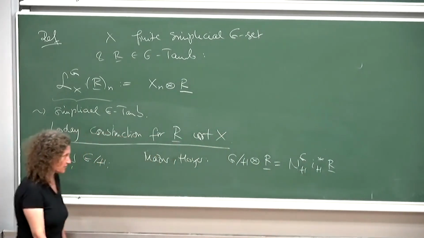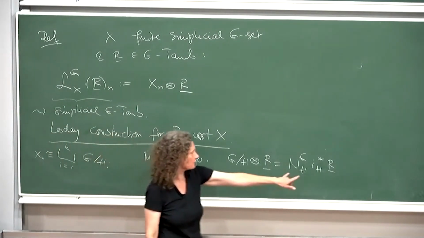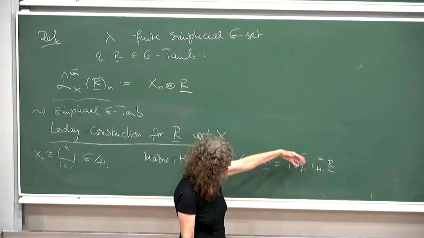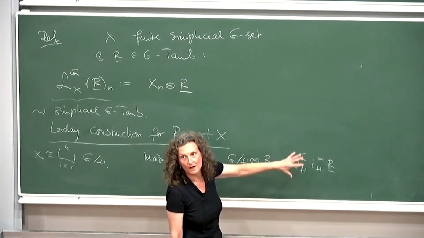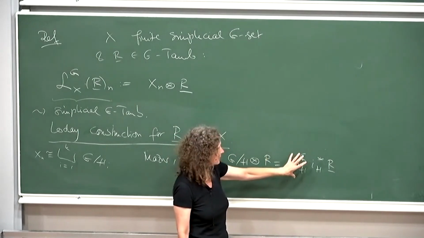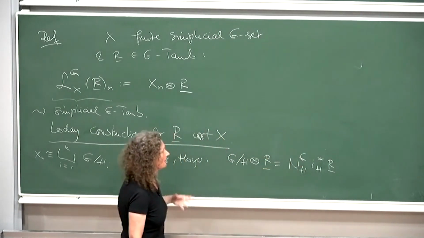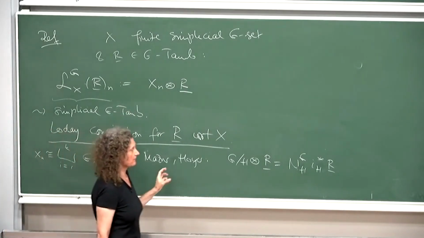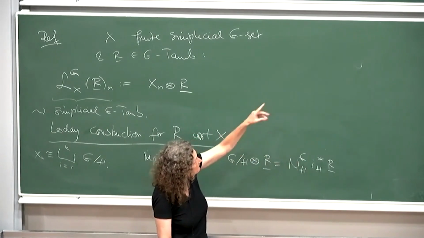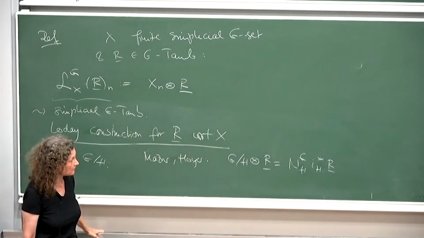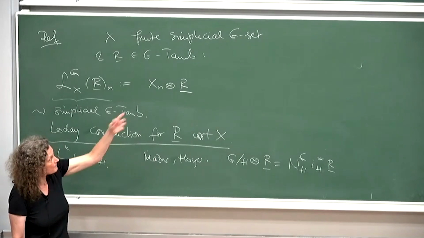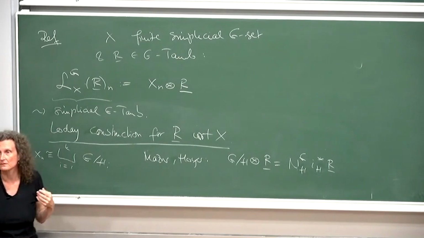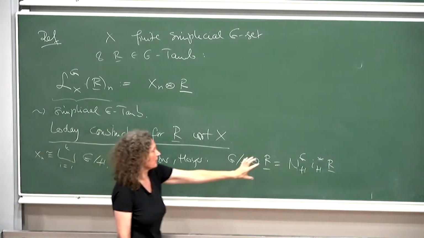R was a G-Tambara functor. You restrict it down to H, and then you blow it up with a norm construction up to G. And this norm construction is actually the main part where their work goes into. Kristen does this explicitly for cyclic p-groups, and then Hoyer does a general construction in terms of Lan (left Kan) extensions. So this is where the work is.